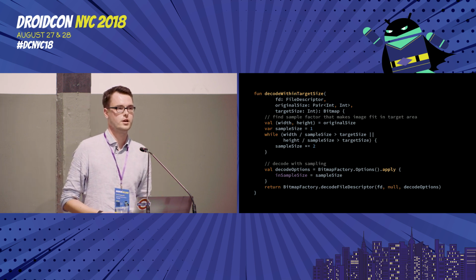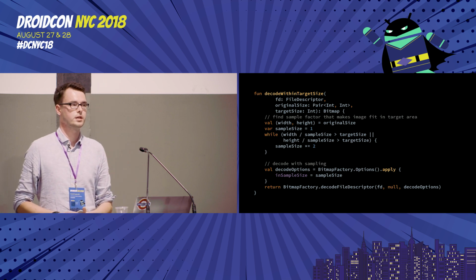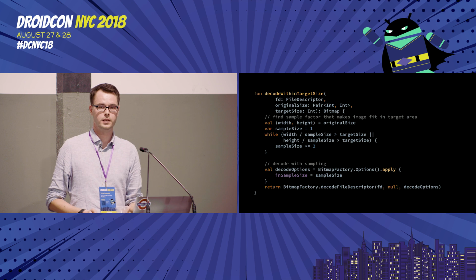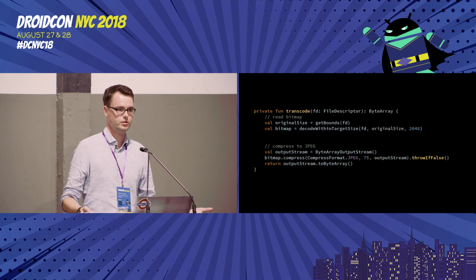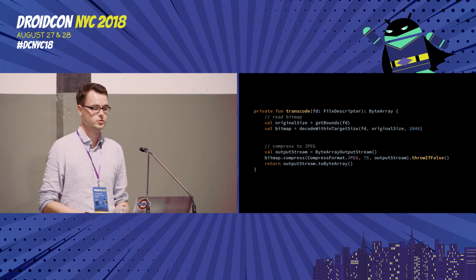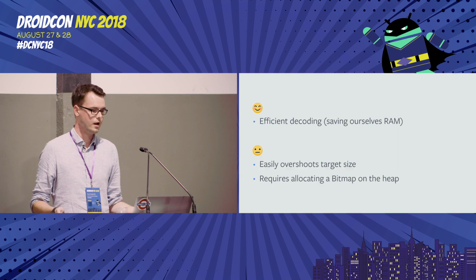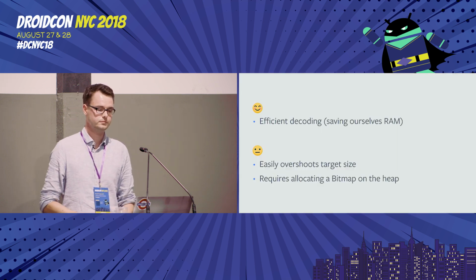It's also worth noting that on Android, the sampling parameters always must be a power of 2, and we'll talk a bit about why this might be a challenge later on. With those two methods, we then can go back to a transcode method, plug those two in, and we're done. That's a very easy and efficient way to downsize your image.